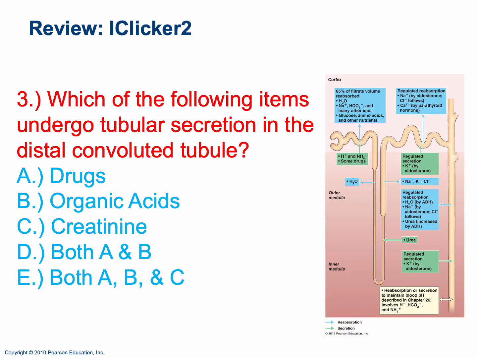Number 3, which of the following items undergo tubular secretion in the distal convoluted tubule? All right, and the correct answer here would be choice letter E. Both A, B, and C would be correct.